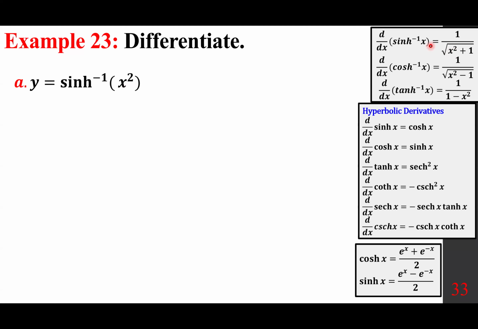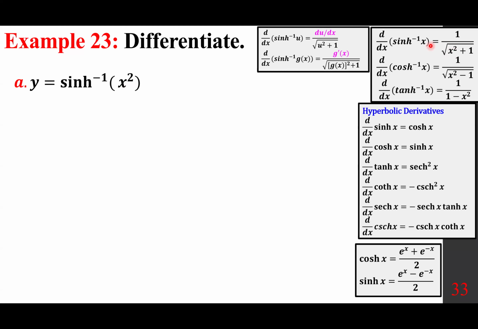Then whatever that argument is, for example, if it's u, then you have to put the u here, but by the chain rule, times its derivative du dx, which goes to the numerator. If it's g of x, then g of x to the second power, and then times its derivative, which is g prime of x.